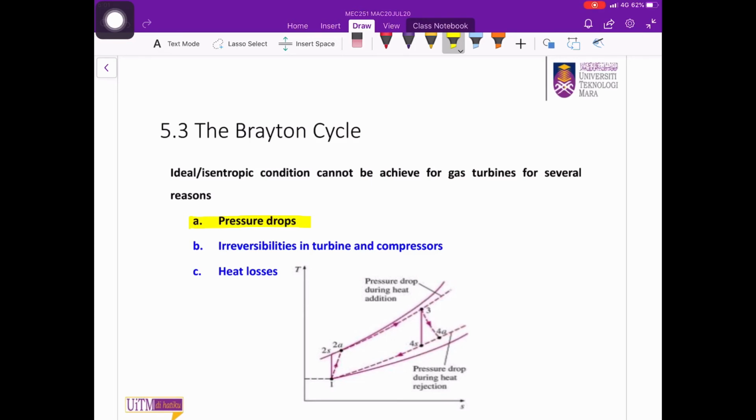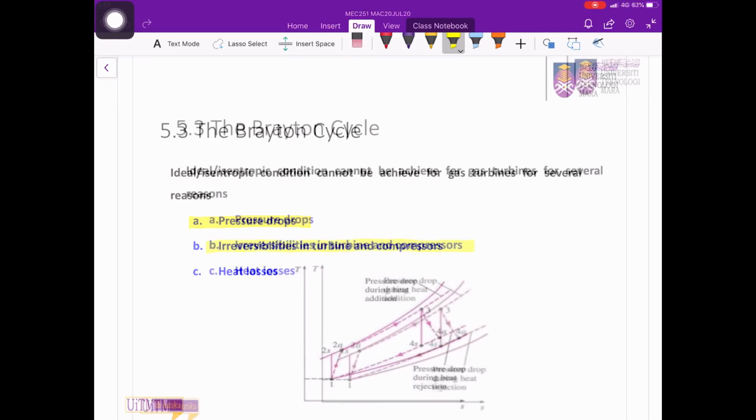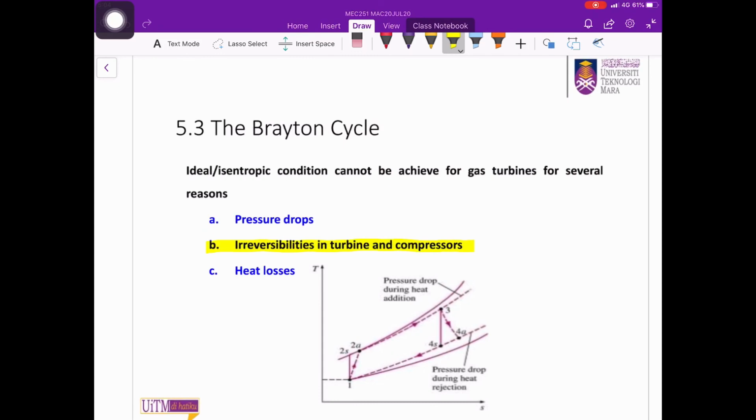One of the factors that lead to this situation is friction, such as between the working fluid and the pipe wall. Another is irreversibilities across the compressor and turbine. As discussed in subchapter 3.8, in the actual process, less energy is available to do useful work, thus increasing the entropy.